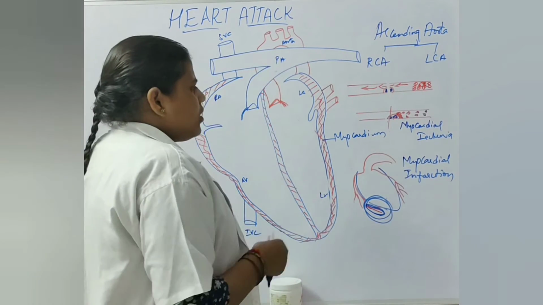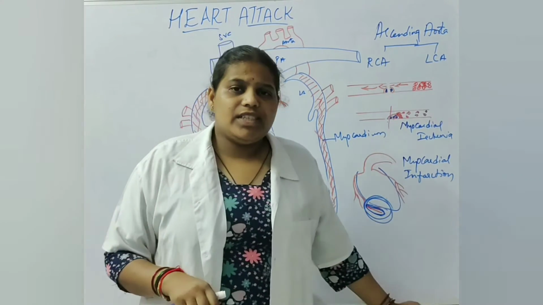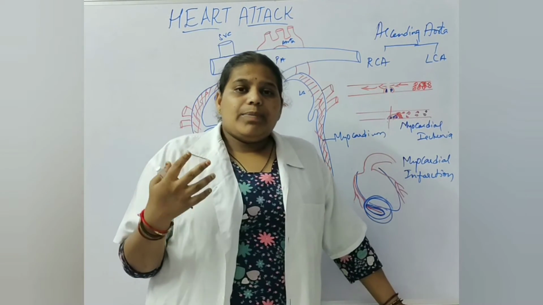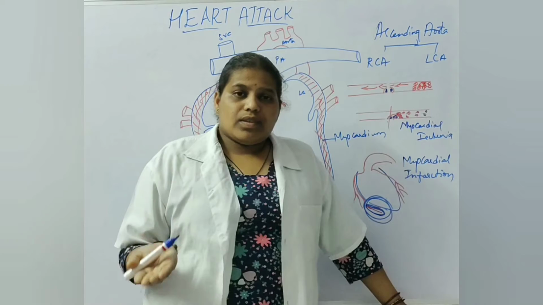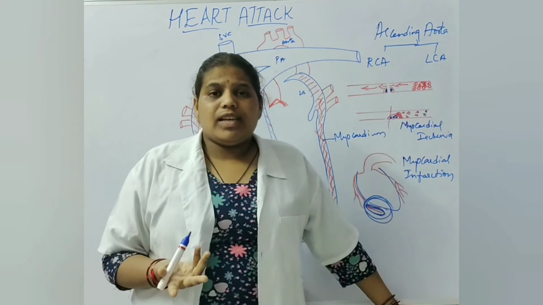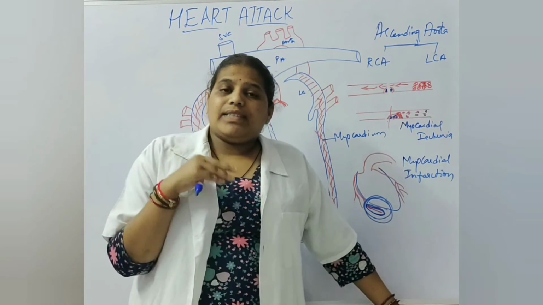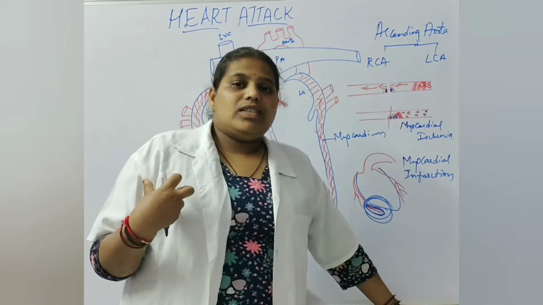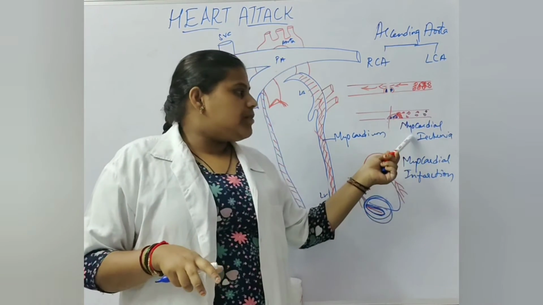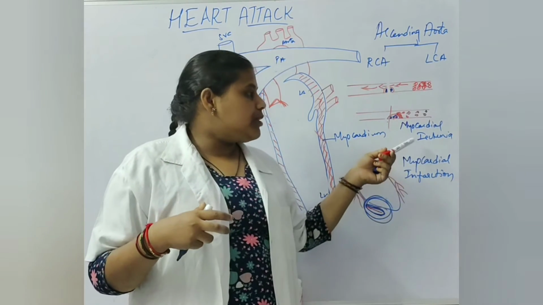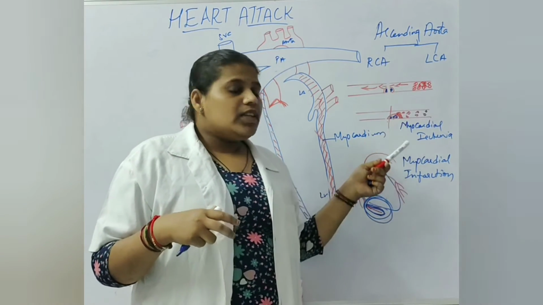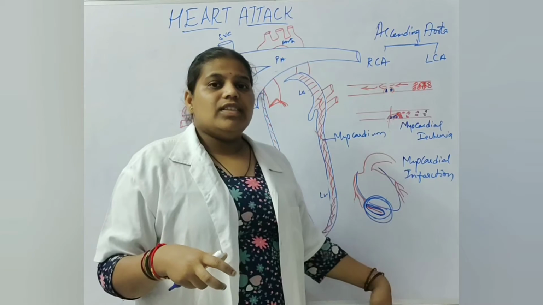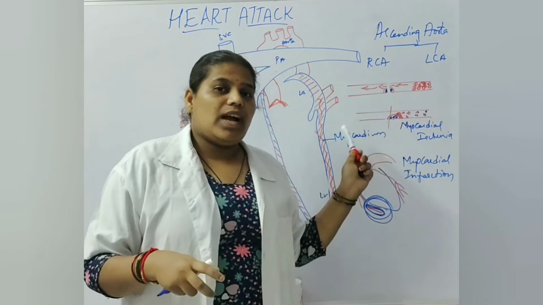Now, in a myocardial ischemia condition, if the person is doing some exercise or is under stress, there is more demand for oxygen, which cannot be supplied by the heart due to the ischemia. If there is more demand for oxygen, there must be more flow of blood to the heart.